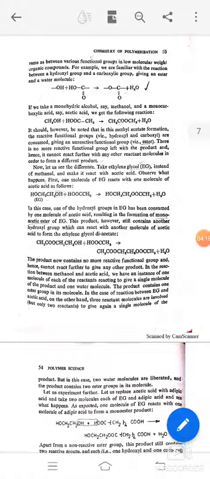In the reaction between methanol and acetic acid, one molecule of each reactant reacts to give a single molecule of product and one water molecule.